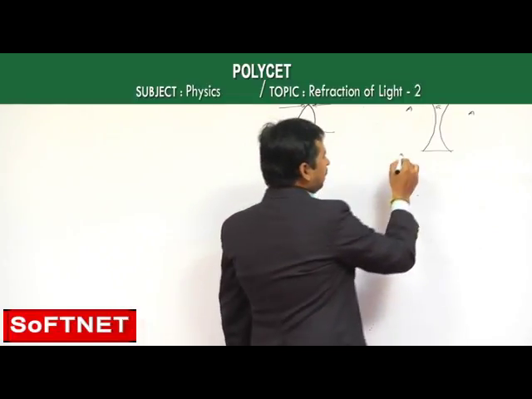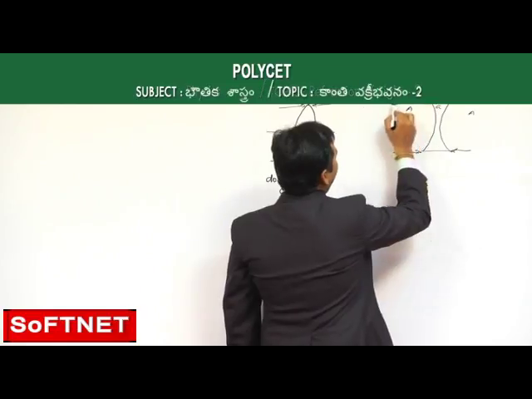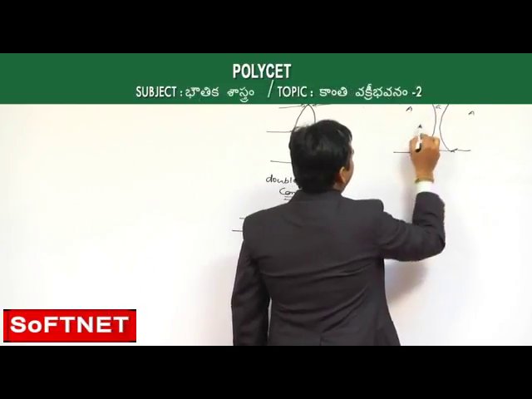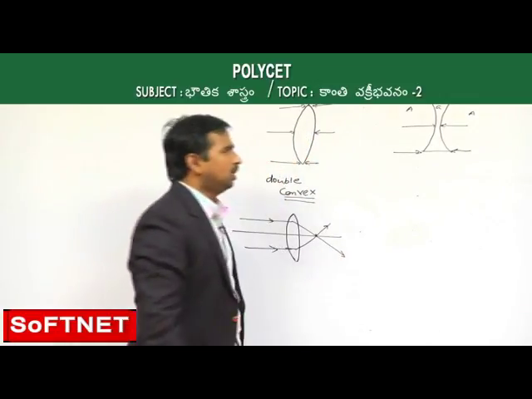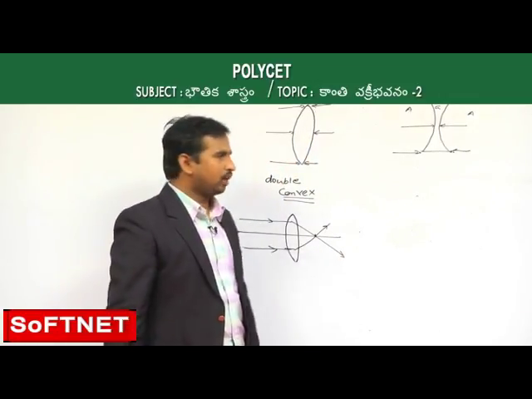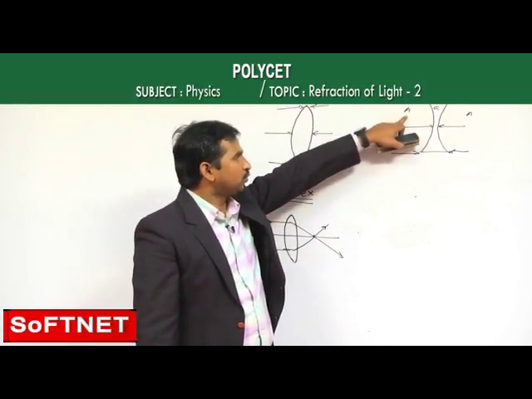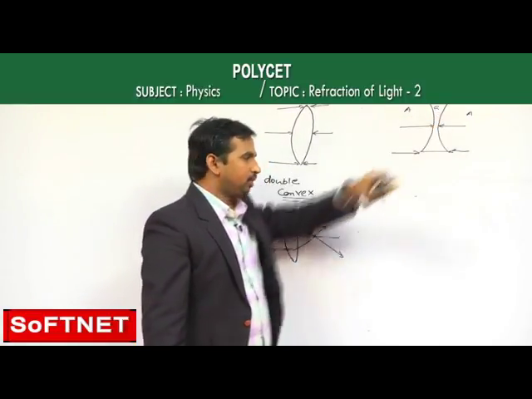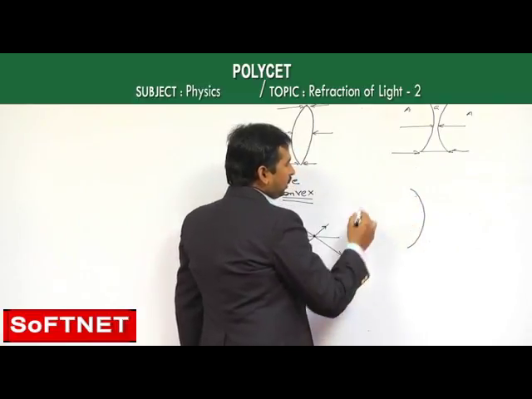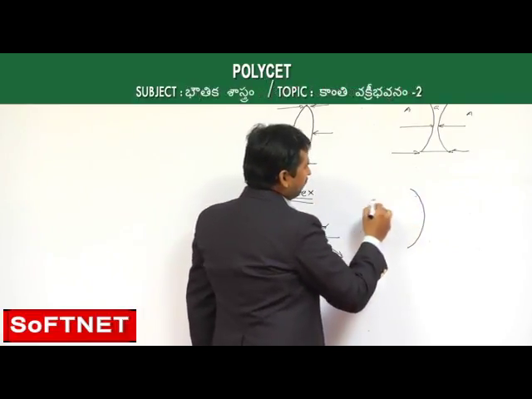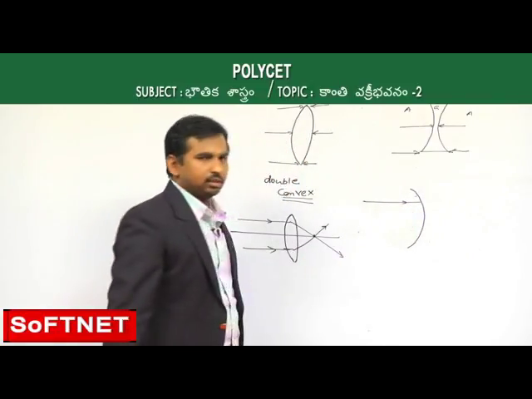And we know that here the thickness is more at the edge and thickness is less in the middle. This you call a double concave lens. Okay. Now first case, if you are taking the refraction when the light ray is going from air to the glass medium, say for example like this. And now again just like the previous case, we are taking a light ray which is entering like this.